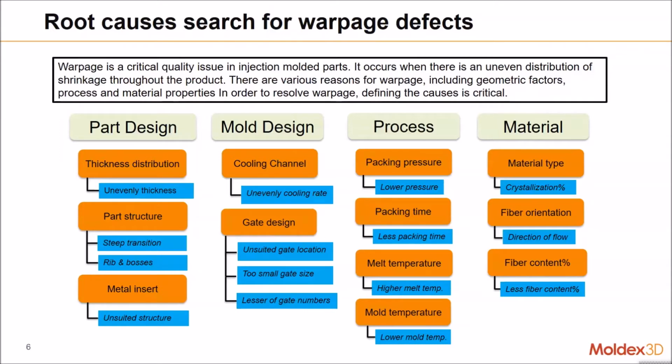Amorphous material or semi-crystalline material have different influence on the warpage problem. In general, the amorphous material has less influence on the warpage problem compared to the semi-crystalline material because the amorphous material doesn't have the Tm point.